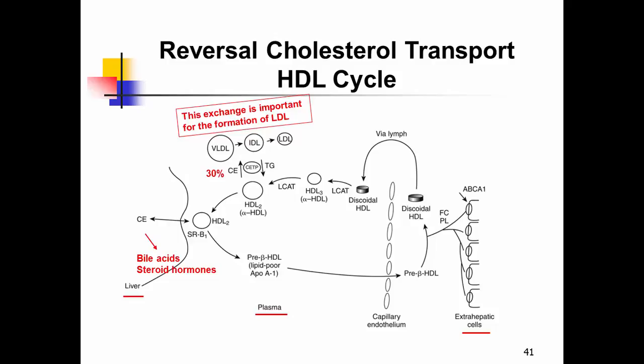Eventually this mature alpha HDL goes to the liver and is picked up by the liver. The cholesterol esters are used for bile acid synthesis or steroid hormone synthesis, and the triglyceride is hydrolyzed by hepatic lipase in the liver.